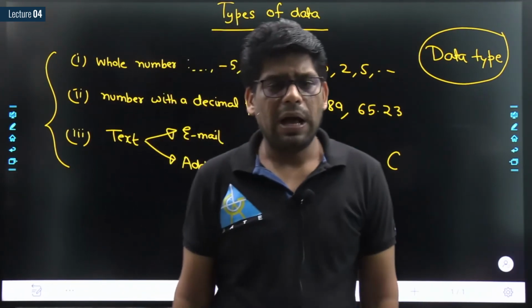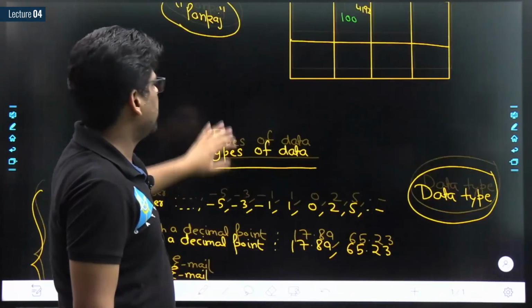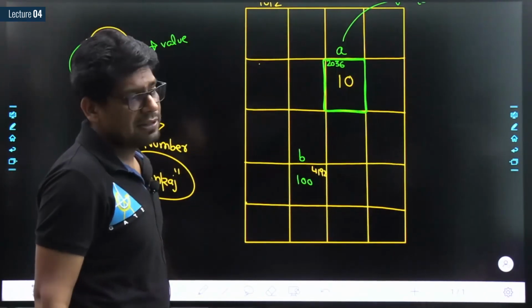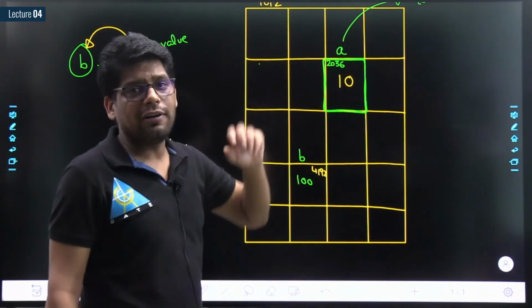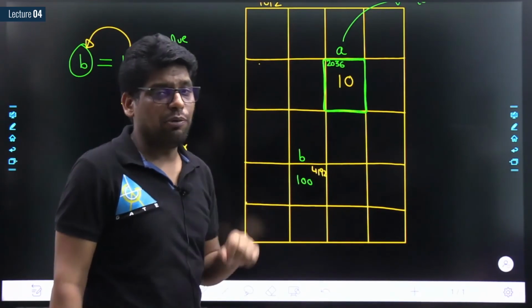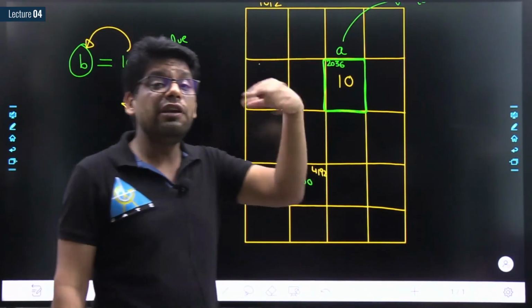I hope you understand why we need variables. Sir, storage of a value is not the most important thing. What is most important is that we need to access that value in the future.